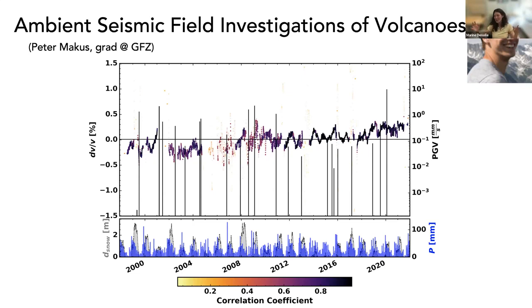It's a very noisy measurement, but we're seeing a lot of long-term trends as well as seasonality due to the snow load and precipitation. We're trying to investigate what is causing this long-term trend at Mount St. Helens. So we're trying to start deploying this in all volcanoes.